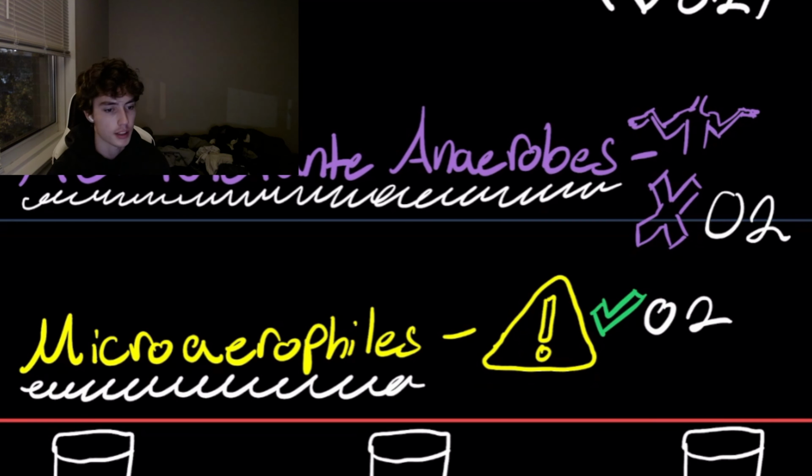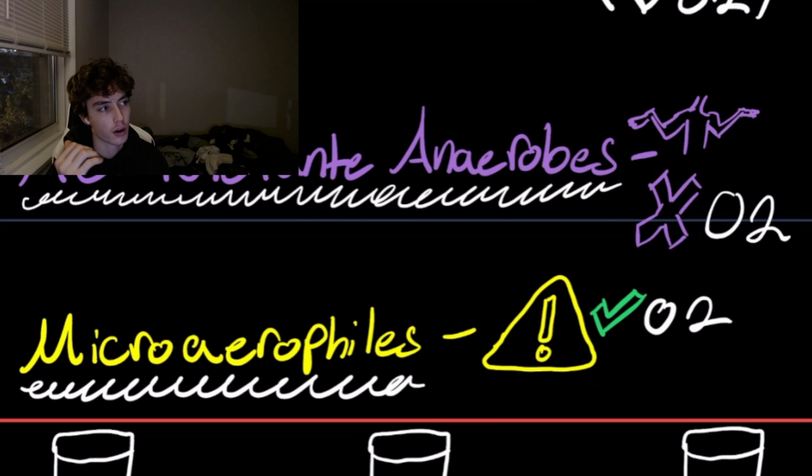I'm trying to remember my example. Oh yeah, a good example of aerotolerant anaerobes are the Lactobacillus species. Lacto sounds similar to lactic acid. Those are bacteria that are producing lactic acid, which keeps the vagina at a low pH.